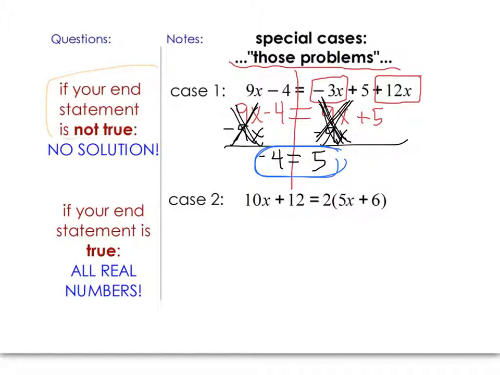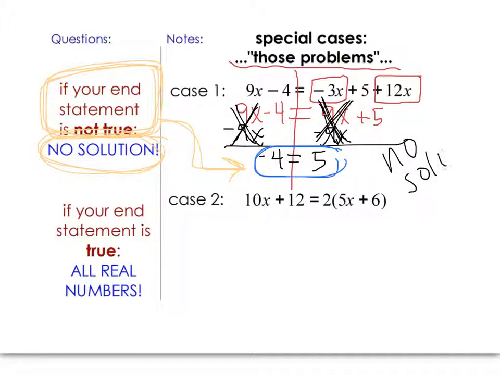If your end statement is not true, meaning you get something like this, negative 4 does not equal 5, it's not true, your answer is no solution. Meaning there's no number I could put in for x to make this problem equal itself. So your answer, you would just write no solution. And that would be your final answer.